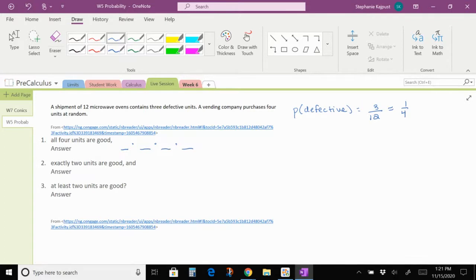There are different ways to think about this, but if it's defective 1/4 of the time, that means 3/4 of the time it is good. So the probability of 1 unit being good is 3 over 4. And then if you want 4 of them, you just simply multiply all of those probabilities together. So it's actually (3/4) to the 4th power because there are 4 units, and the probability of 1 does not affect the probability of the other.